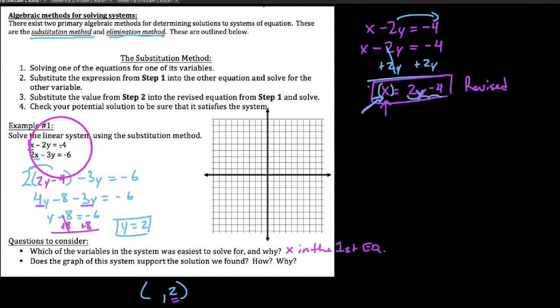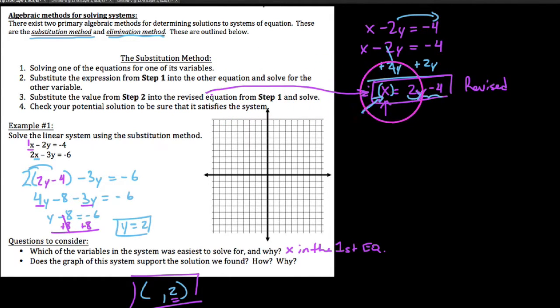I really should say any equation in the system, because this point is the solution to every equation in the system. It wouldn't matter if I plugged it back into the first equation or the second equation, but step 3 is always to substitute the value from step 2 back into the equation, and I suggest you use the revised equation.